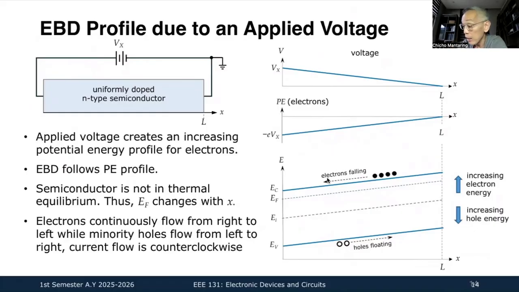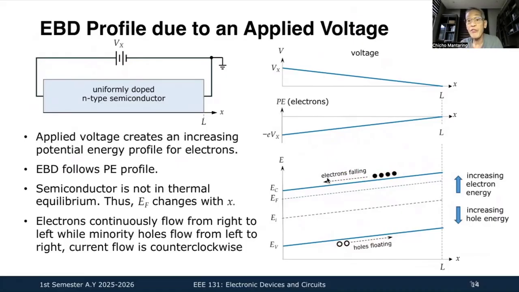Okay, if this had been a vacuum, this would be accelerating. But because there is scattering, instead of accelerating, this will just be falling at a certain mean velocity, and the holes will be floating at a certain mean velocity. So we already took that up.